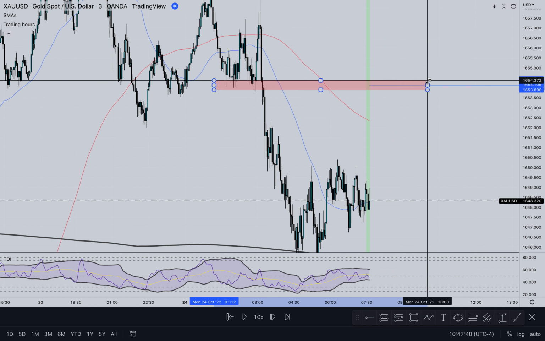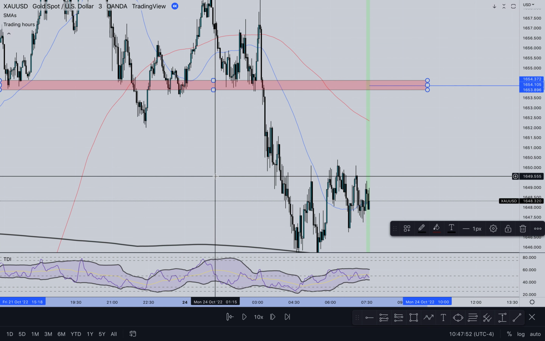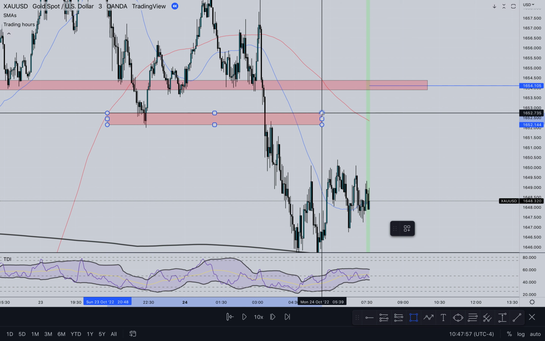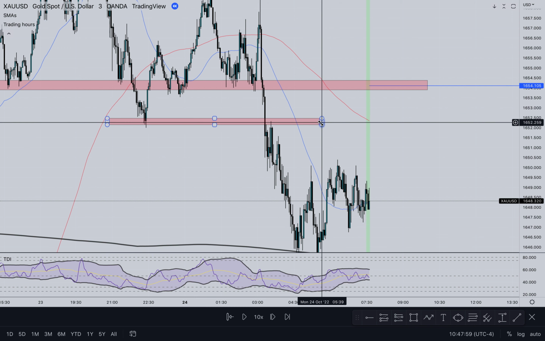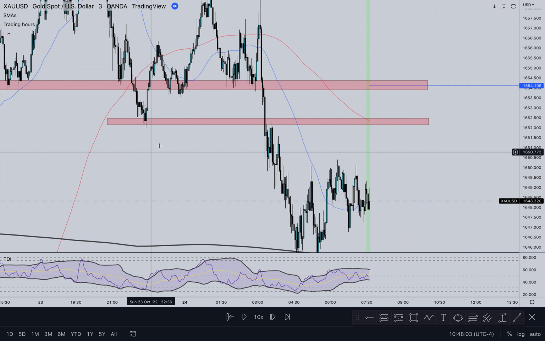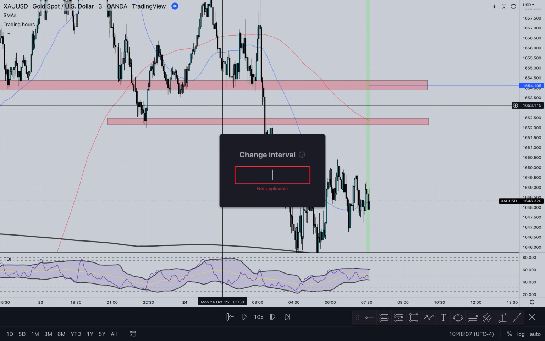This is clearly a zone right here. I won't doubt this zone though, just in case. And it does come up to here. I think it reacted off of this one, but I usually just wait for the 800 moving average.